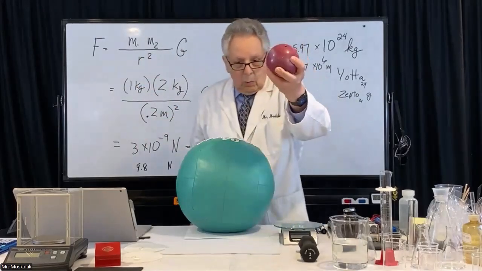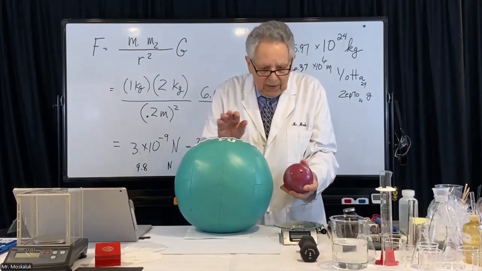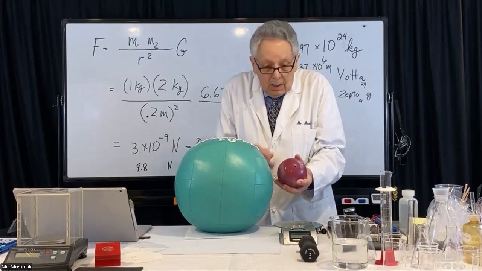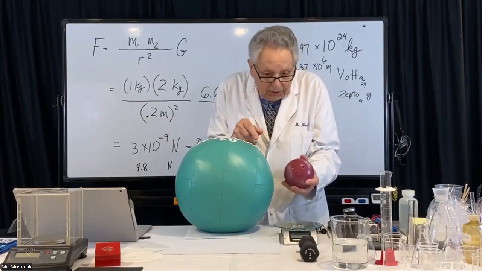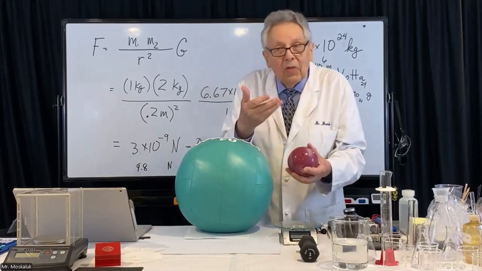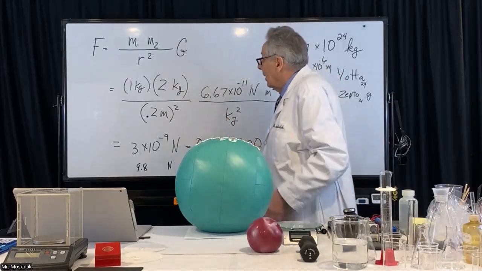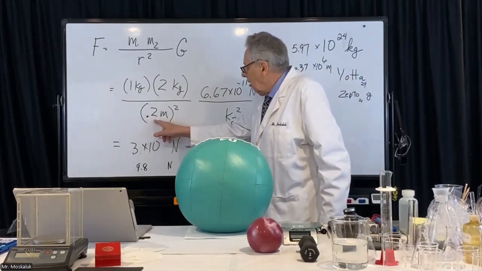Here, I got 1 kilogram. Here, I got 2 kilograms. Now, if I have them here, there's going to be an attraction between them. This is attracted to the ball, and the ball is attracted to this. Now, the amount follows this equation. You put in the kilogram masses and determine how far apart they are.